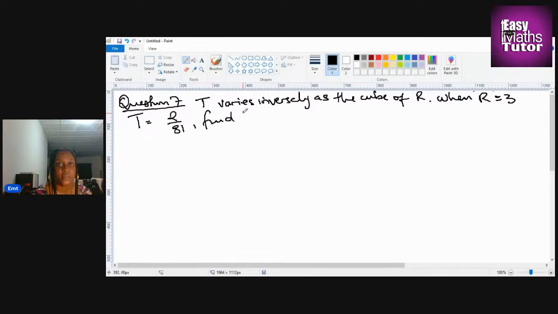Find T when R is equal to 2. Our options: A is 1 over 18. Option B is 1 over 12. Option C, 1 over 24. And option D, 1 over 6.